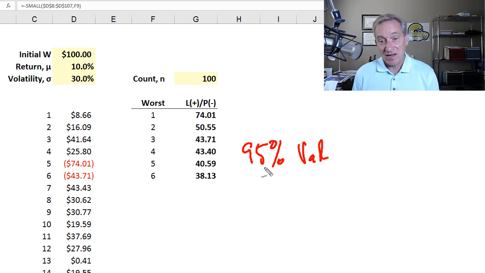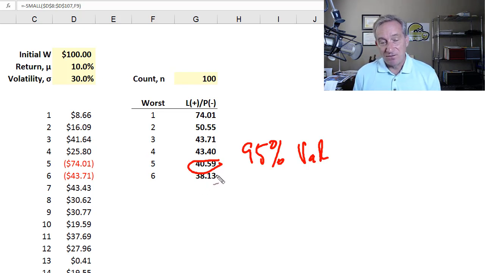So we say that 95% value at risk under this basic historical simulation, where the distribution is discrete, is actually ambiguous, because it's reasonable for somebody to say, we have 100 after all, 1, 2, 3, 4, 5 out of 100, 5%. This must be the VAR, $40.59. It is reasonable.